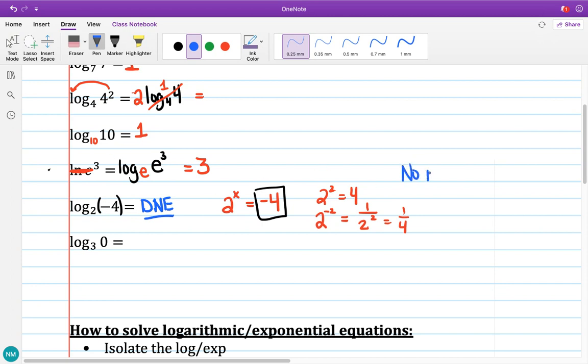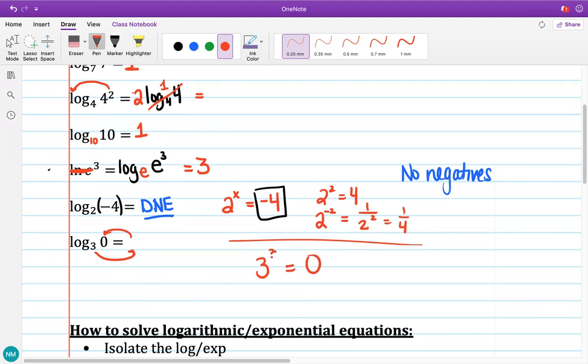So no negatives. And then we have log base 3 of 0. So the next question is, 3 to what power will give me 0? Well, 3 to the 0 is 1. Any other power is not going to give me 0.